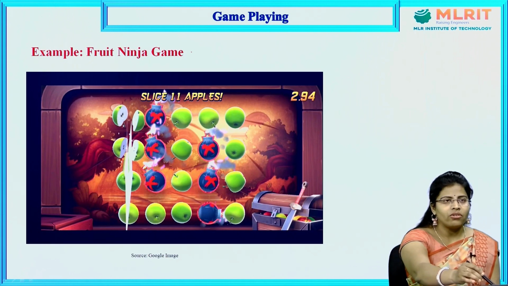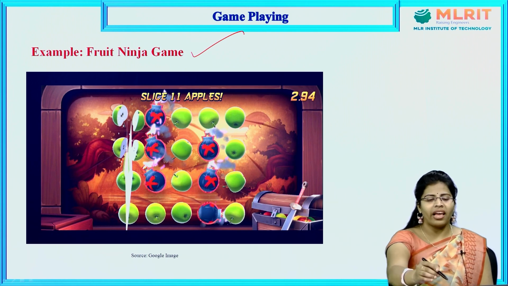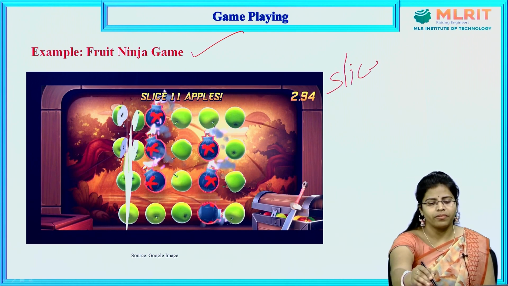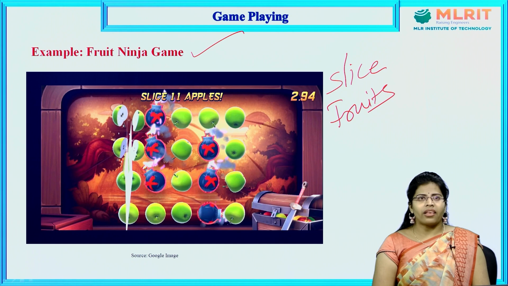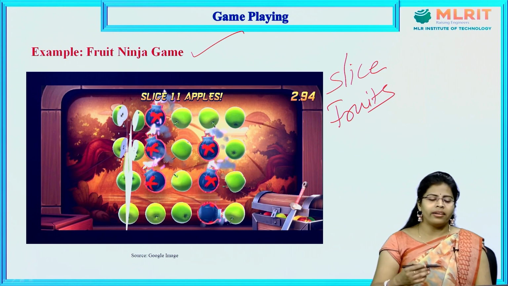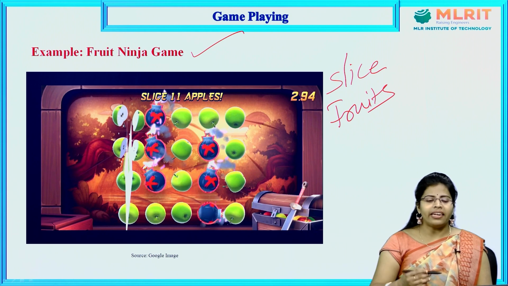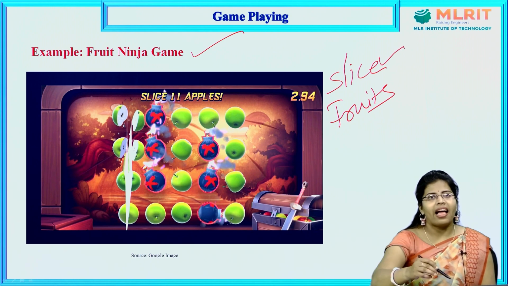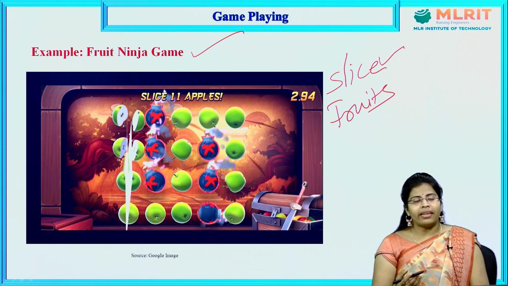The example is the Fruit Ninja game. Here, the goal of this game is to slice as many fruits as you want. The agent needs to slice the fruits which are thrown on the gameplay screen.